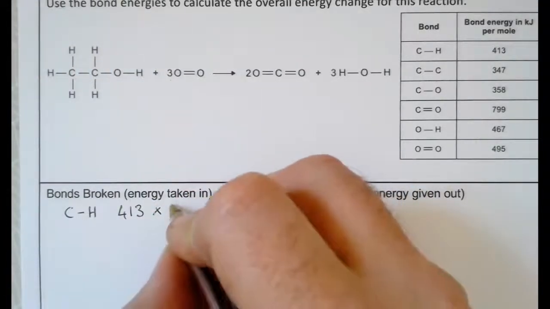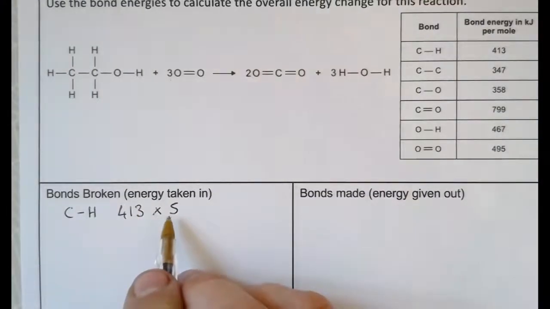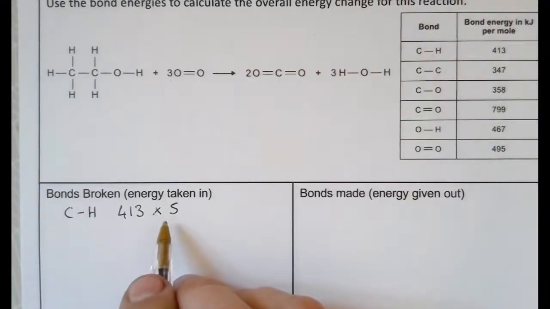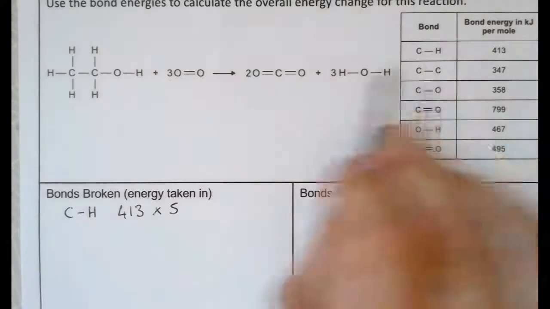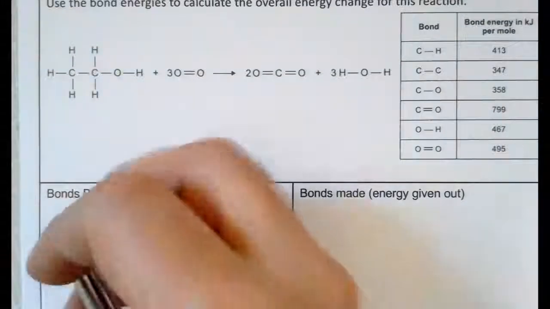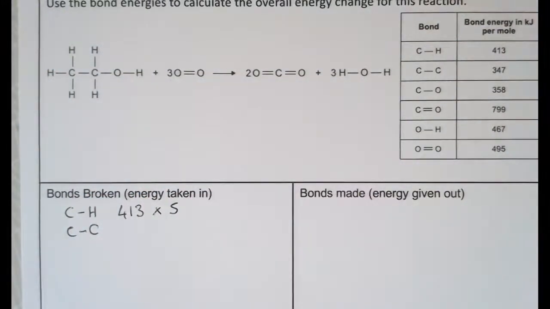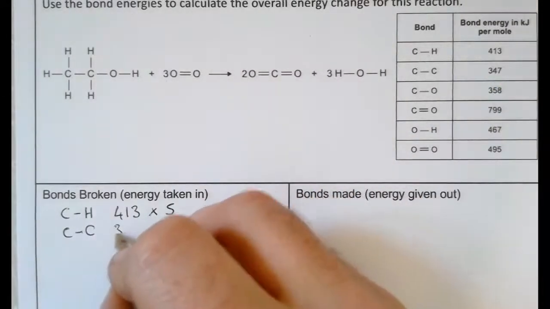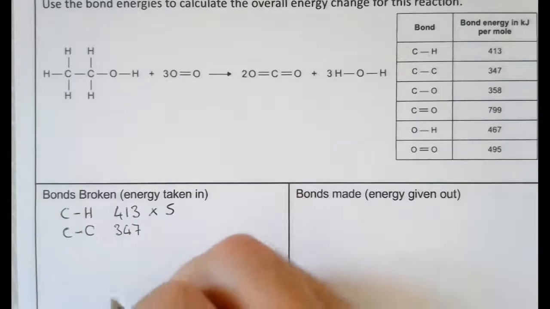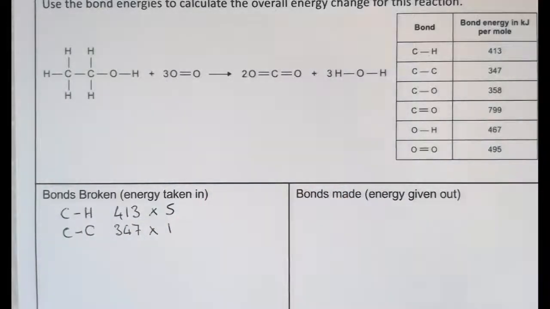At some point I'm going to need to multiply the bond energy times the number of bonds I've got. We'll do that in a moment though. Next I'm going to look at carbon-carbon bonds. I've only got 1 of those, so down here I'll draw carbon-carbon. That has 347 kilojoules. I've only got 1 of them, so I'll multiply that by 1.